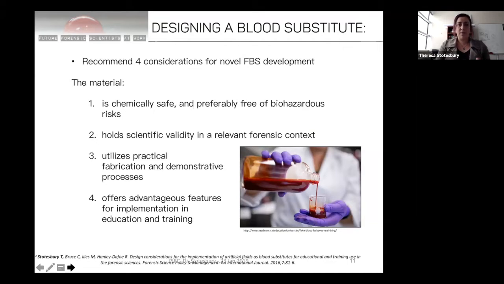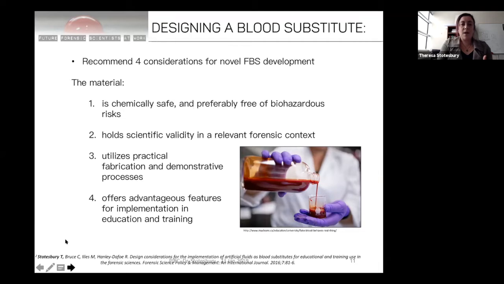So first of all, if you're going to make a blood substitute, we think it should be chemically safe, preferably free of biohazardous risks. Importantly, it holds scientific validity in a relevant forensic context, meaning that it behaves like blood would at a crime scene. As a material scientist, it should be pretty easy to use and fabricate.